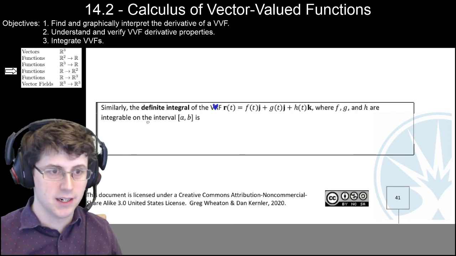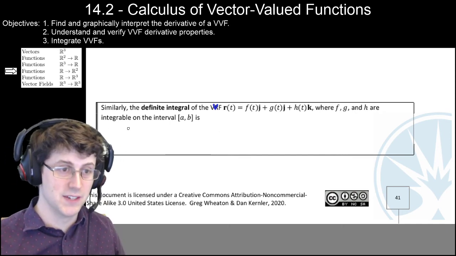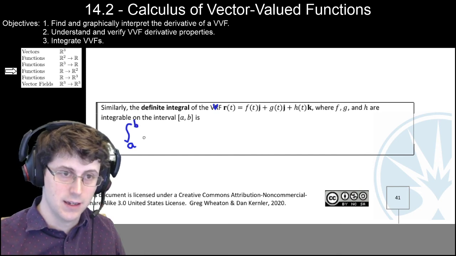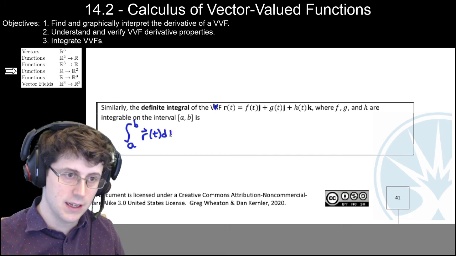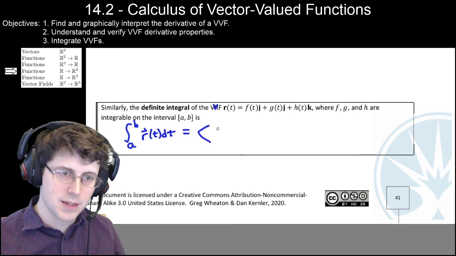Where f, g, and h are integrable, well, just go in and do all of the pieces individually. So if you want to do the integral from a to b of your vector-valued function, dt, what this means is to do it on each component.